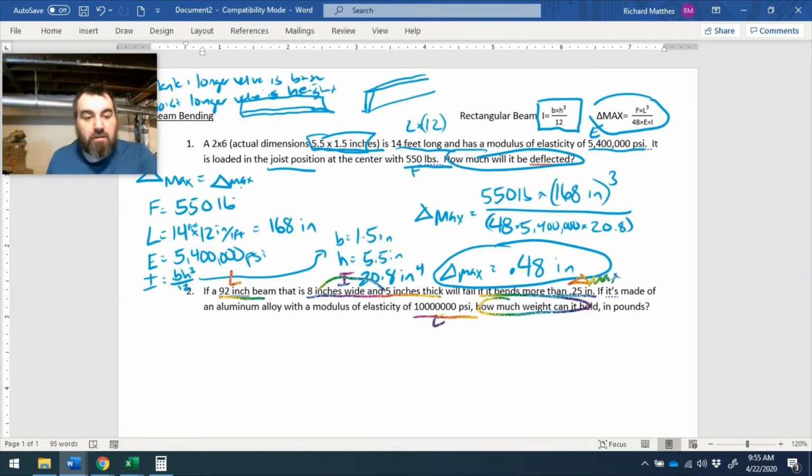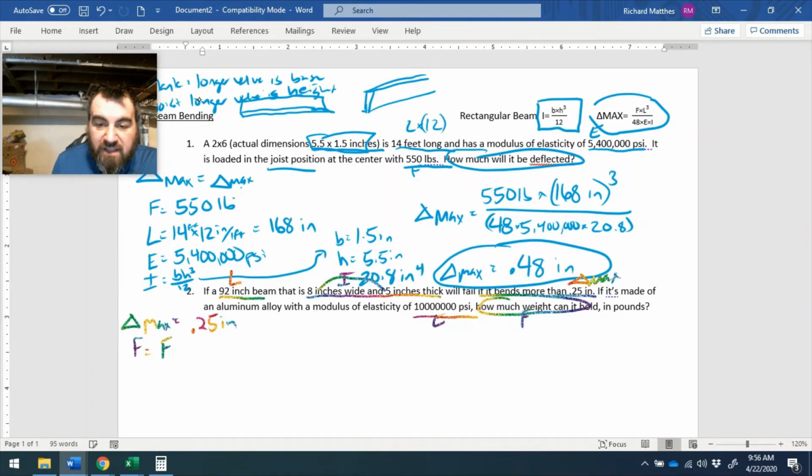So let's take all of those and put them as variables over here. So we've got delta max equals 0.25 inches. I'm really regretting this pen right now. F equals F, because we don't know what that's going to be. That's what we're looking for here, right?